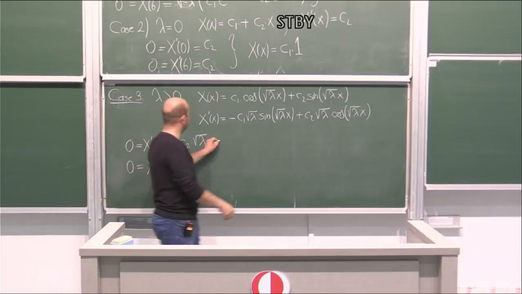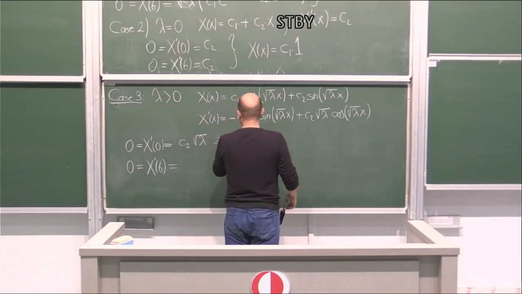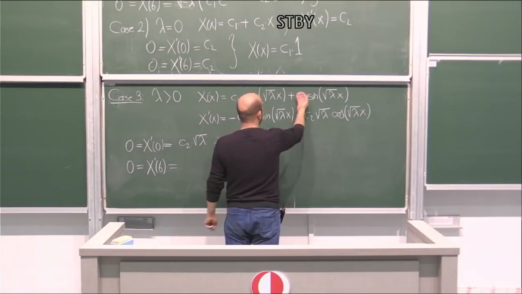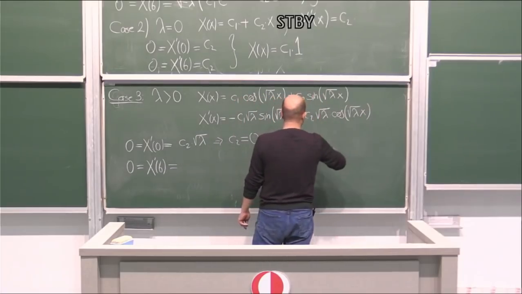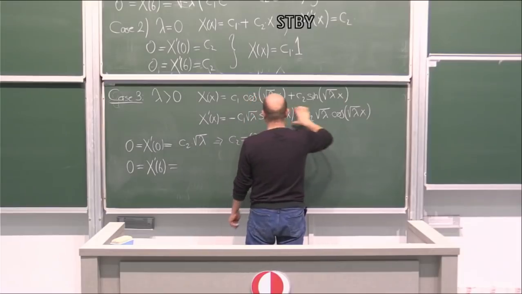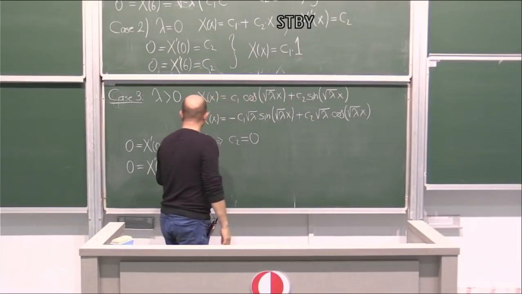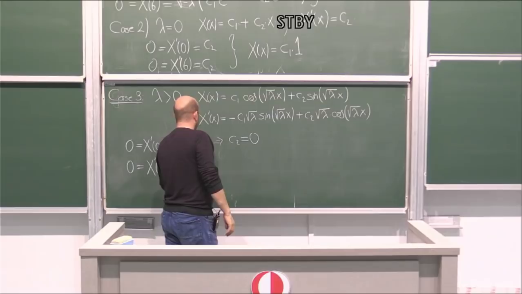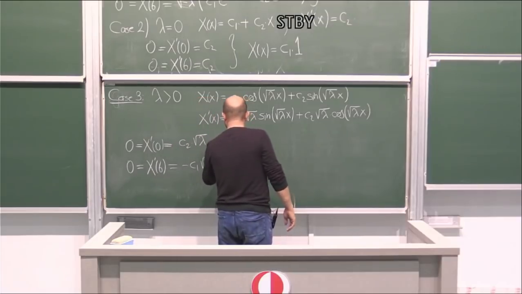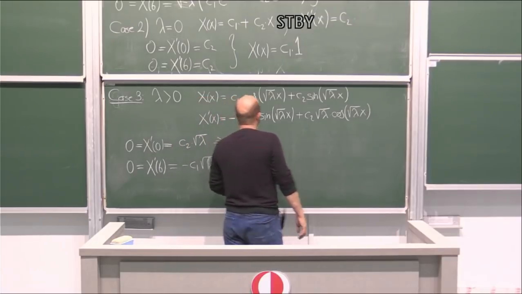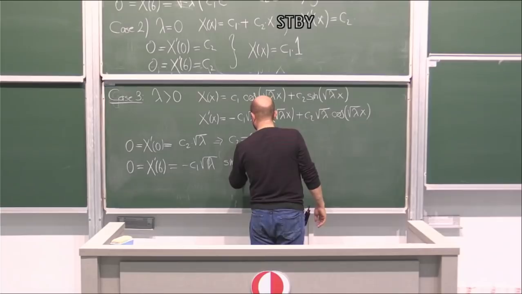So C2 must be 0. Here this part is 0, so I can just focus on this part. We have minus C1 square root of lambda times sine of square root of lambda times 6.